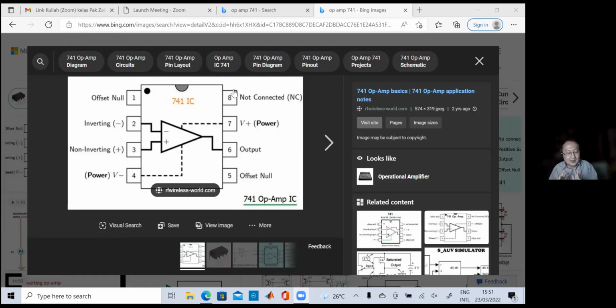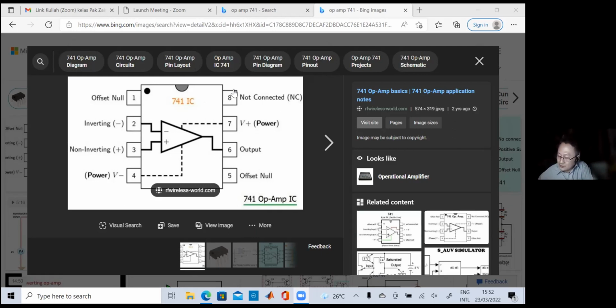Remember, the operational amplifier is very, very important when you are dealing with measurement and control. You will meet this later in the measurement system and basic mechatronics lectures.